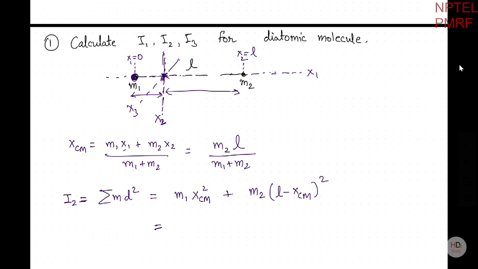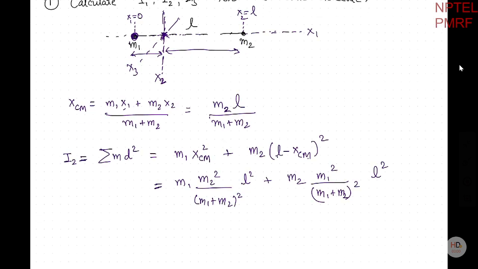Okay, so this is m1 times m2 square upon m1 plus m2 whole square, L square, plus m2 times the same thing, but instead of m2 you will have m1. So it is m1 square divided by m1 plus m2 whole square, L square.